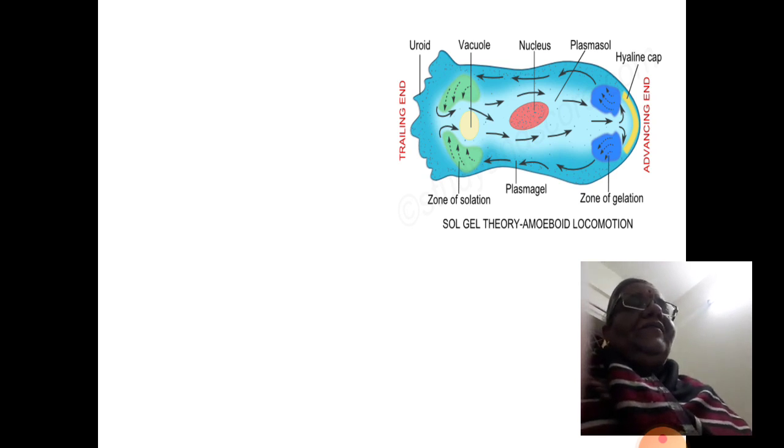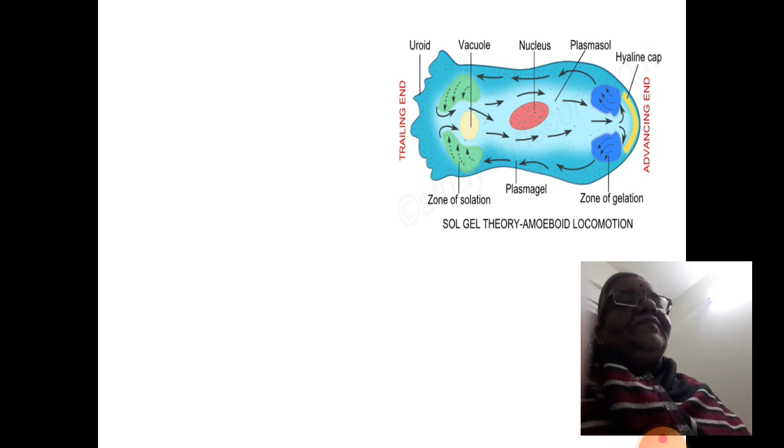The advancing end is the place where the pseudopodium is destined to develop in this particular picture.